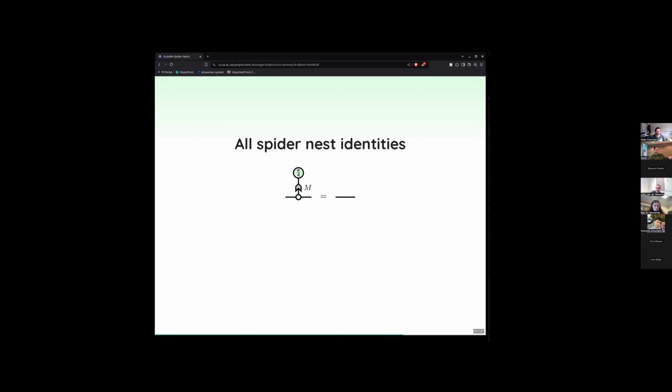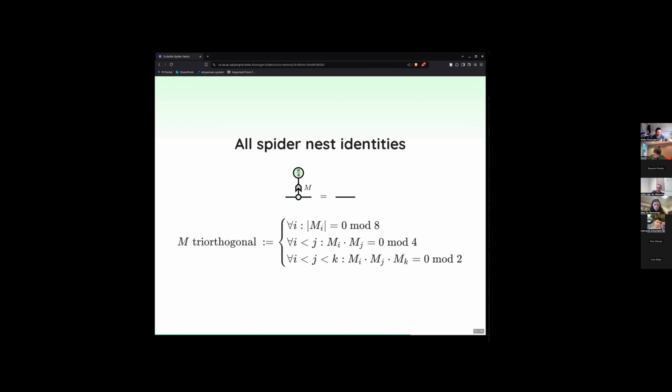So now M is just capturing the fact that I have a whole bunch of these pi by 4 phase gadgets. And all the spider nest identities are of this form, where I have some M, some bunch of phase gadgets described by M equals the identity. Okay, so this doesn't hold for any matrix M, but this holds whenever the matrix satisfies this condition of being what's called triorthogonal.